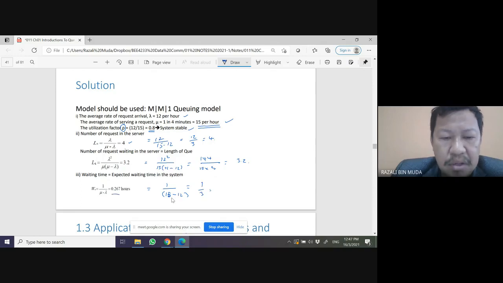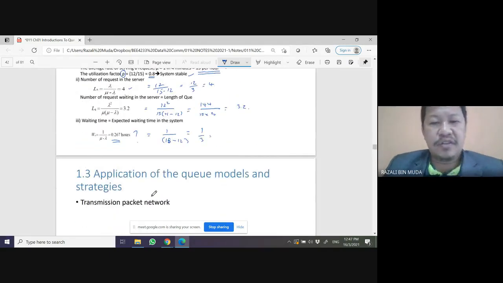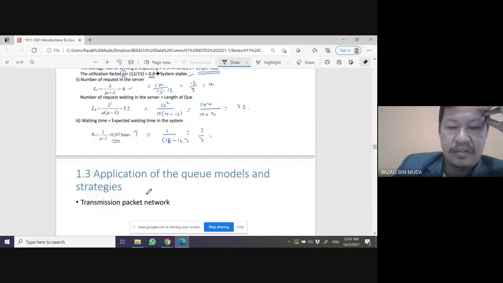So why do we get 0.27? You need to check this one. I will check the answer for you. You might check yourself: 0.267 hours, because the calculation just now gives 1 over 3, which is 0.33 hours.